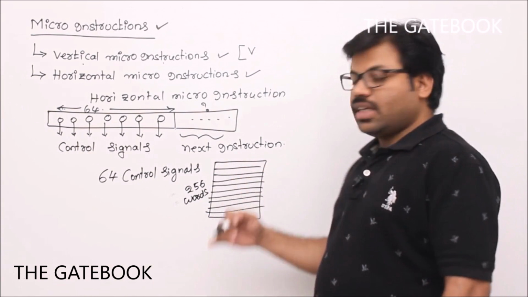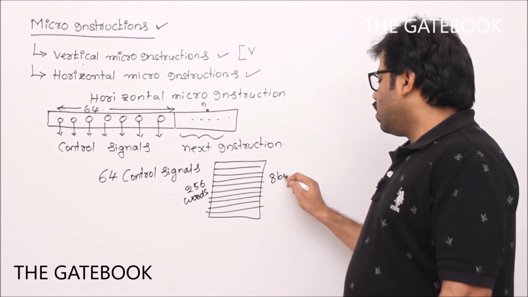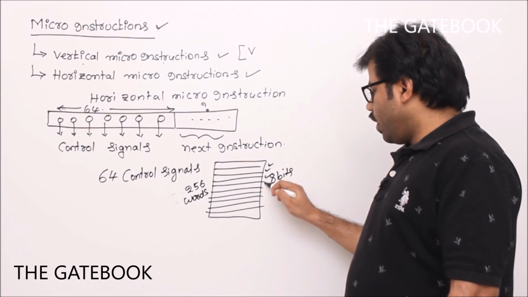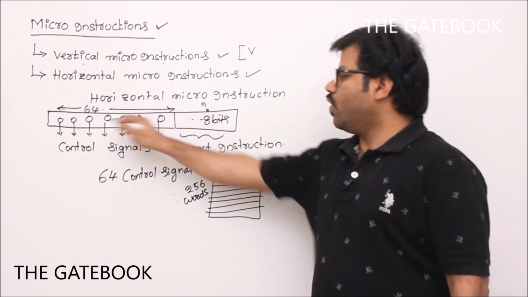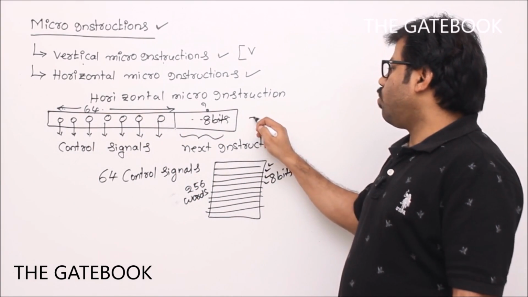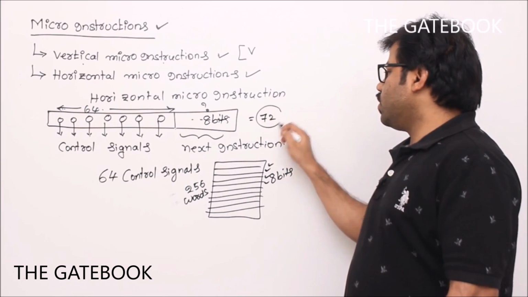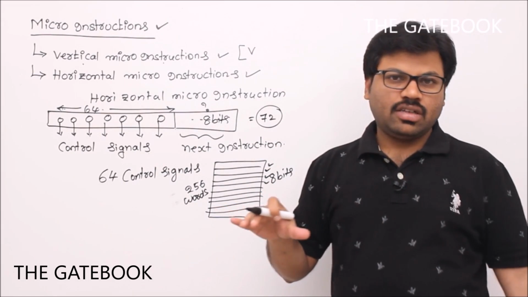To uniquely differentiate the 256 words, how many bits are required? 8 bits. There are 256 different locations, and to identify them, 8 bits are required. So overall, this entire thing is the control word. The size becomes 64 plus 8, 72, correct? Your complete micro instruction word, the entire thing, is 72 bits, right?